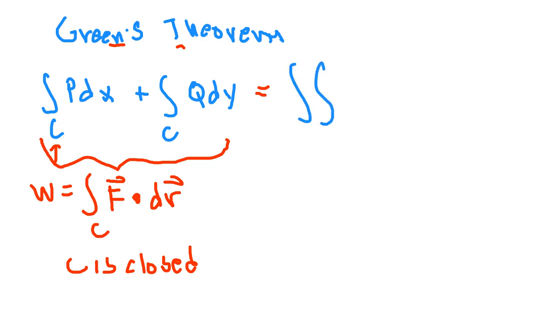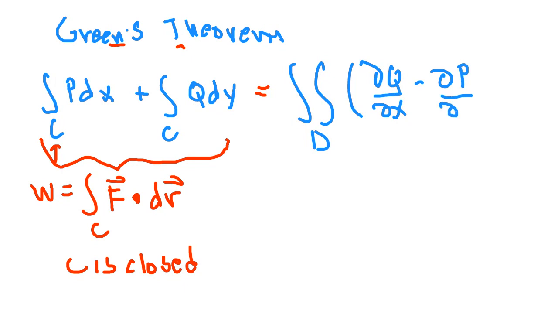Now, Green's theorem says this line integral is equal to the double integral over region D, where you have the difference of these partial derivatives. The double integral of the difference of the partial derivatives. Now let me ask you this.